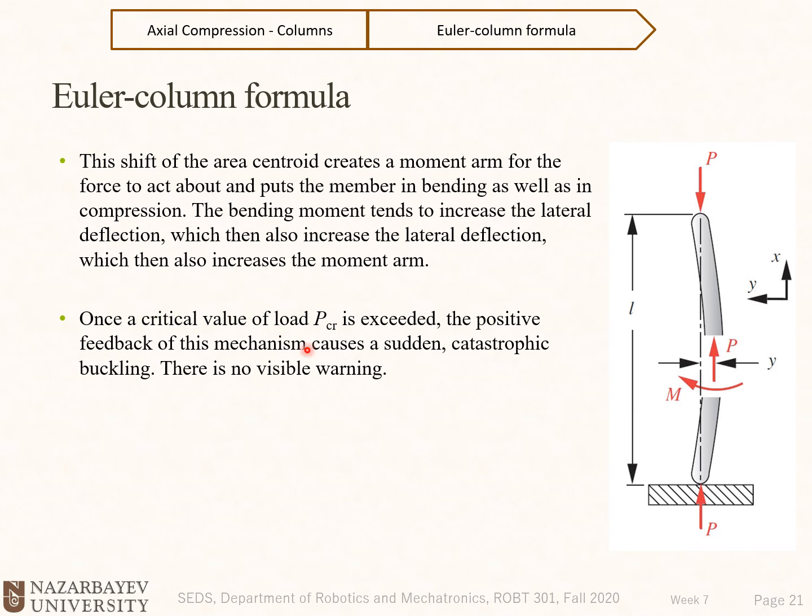Once a critical value of load PCR is exceeded, the positive feedback of this mechanism causes a sudden catastrophic buckling, and there is no visible warning before failure. So if P increases and then suddenly reaches the PCR, then very quickly the column will collapse.